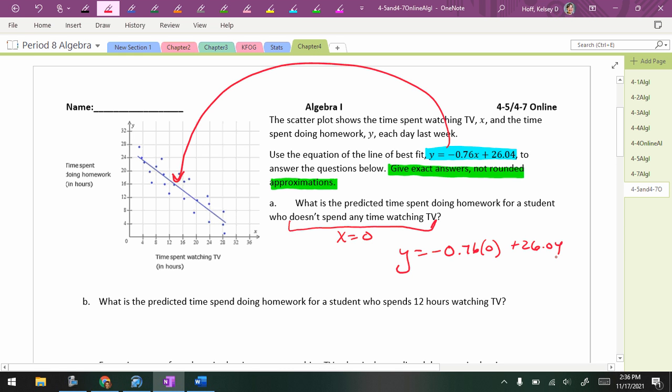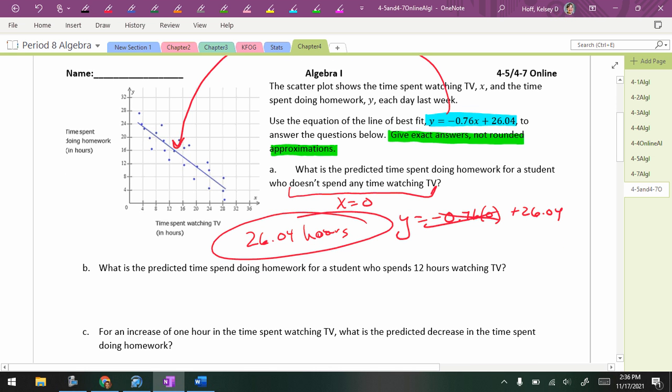Negative 0.76 times 0? 0. So he spends 26.04, is it hours? Hours. Each day last week.